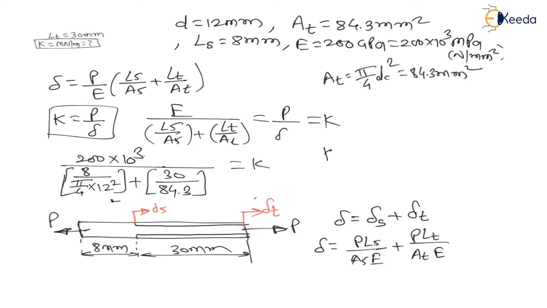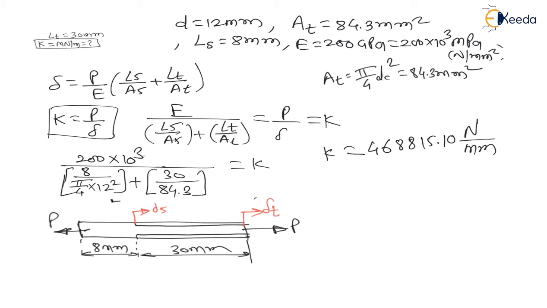Therefore solve for stiffness, my dear students. If I solve this equation, K will be equal to 46815.10 Newton per mm, because we are using force in Newton and dimensions in mm. But my dear students, they are asking K value in mega Newton per meter.